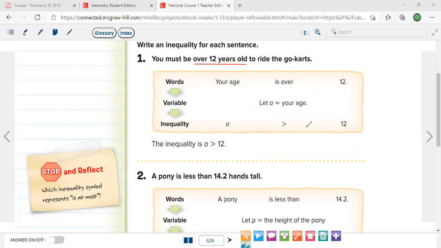So A will be greater than 12 because it's mentioned over 12 years old. We actually don't write all these things. You just tell me the inequality and that A is the age. That's it.